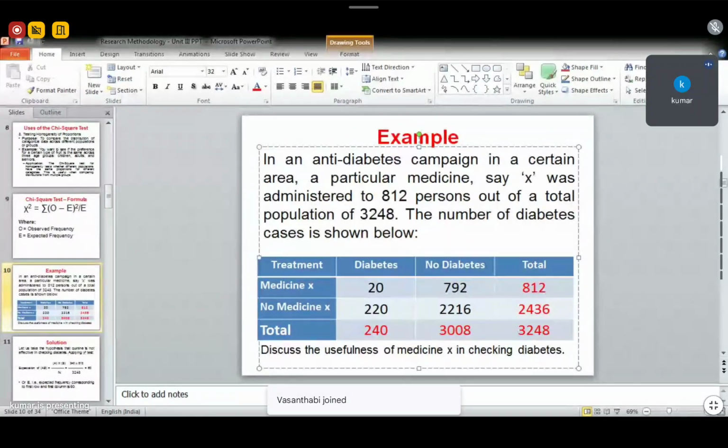Some disturbance is there. Now go through the problem, please, quickly. For those who do not have the study material, you can see the screen. On the screen, it is displayed also.